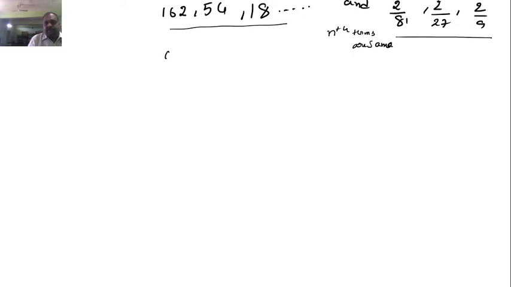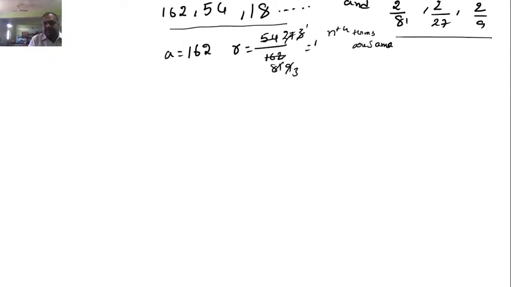For the first series, A is equal to 162. R is equal to A2 by A1. 54 by 162: 54 divided by 54 is 1, and 162 divided by 54 is 3.